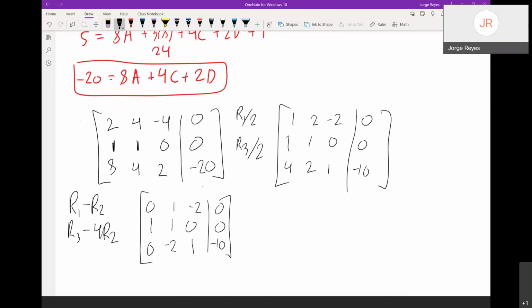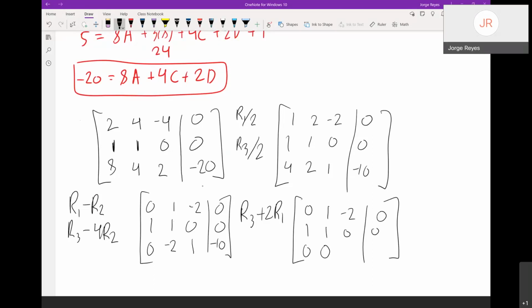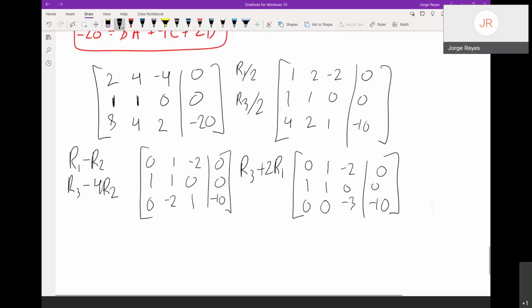So then I'm going to do row 3 plus 2 row 1. So 0, 1, negative 2, 0, 1, 1, 0, 0. And then this is going to be 0, 0, negative 3, negative 10, and then I'm done.